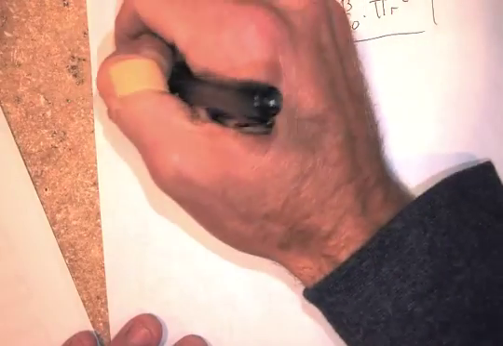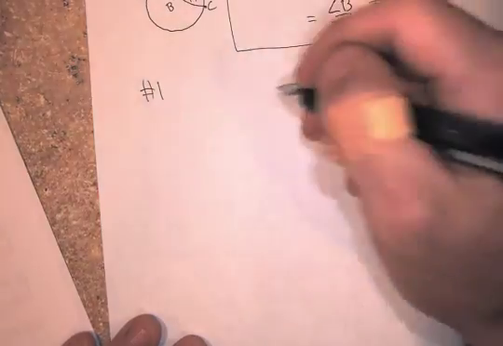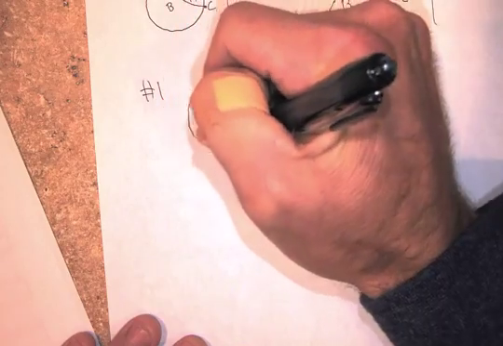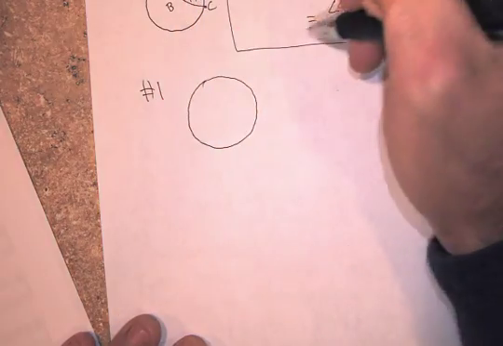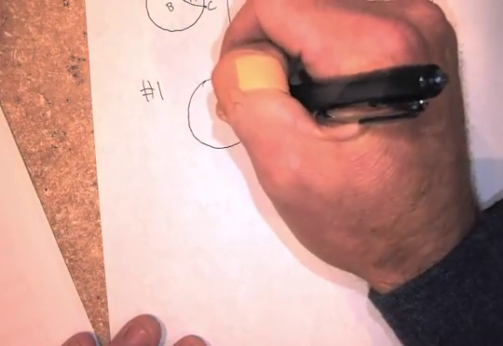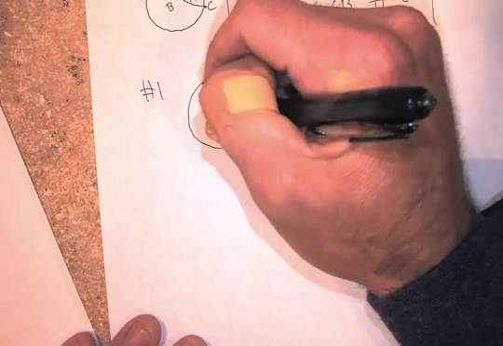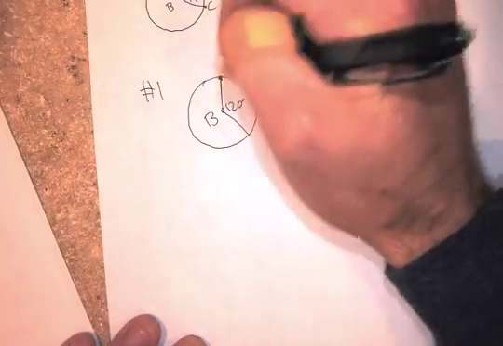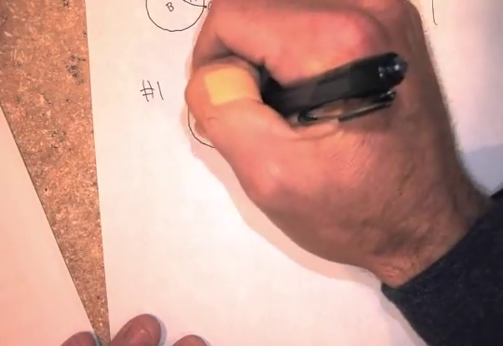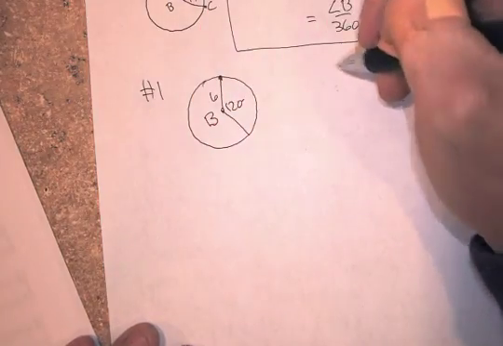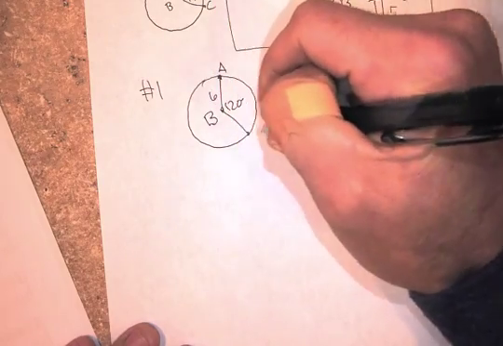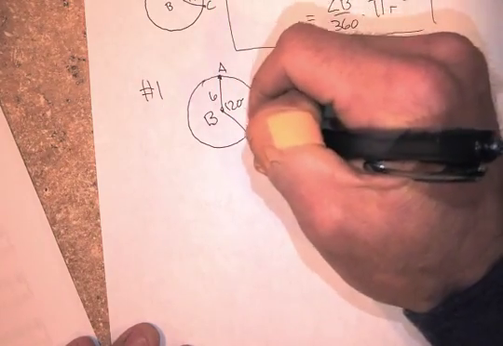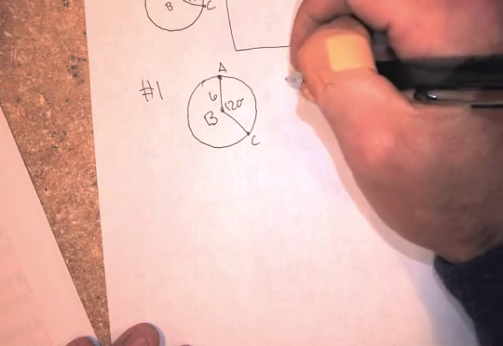Okay, so here's number one. Do 3 examples here. Number one, got a circle, central angle of 120. Oops, that's angle B. And you're given that the radius is 6, and then it will say find the area of sector ABC.